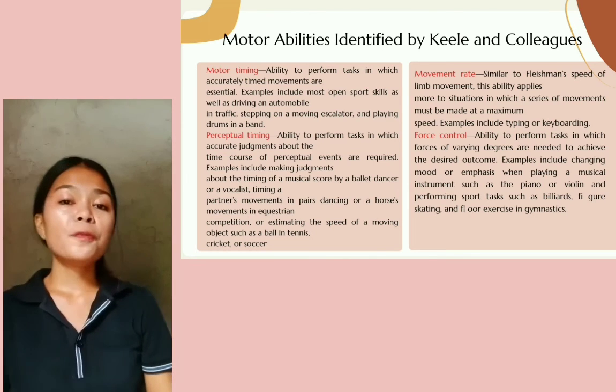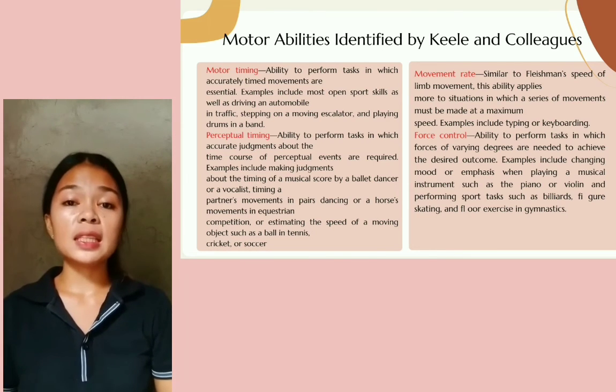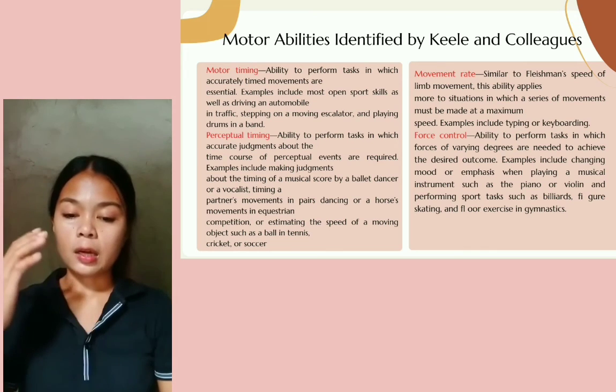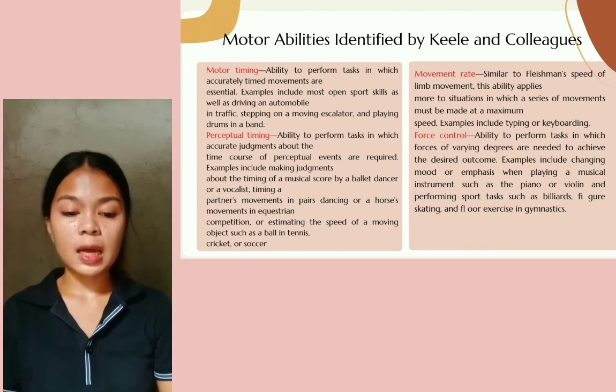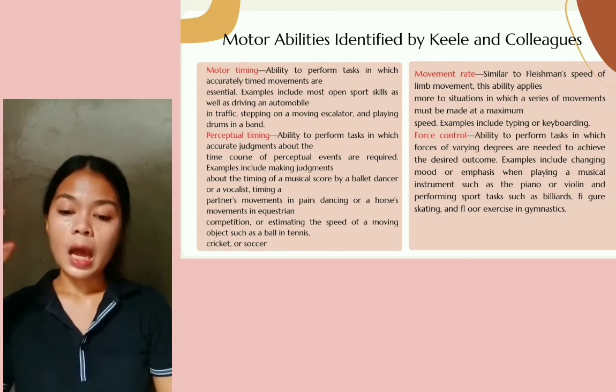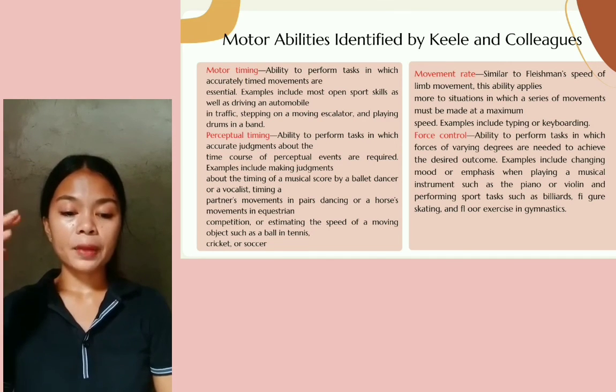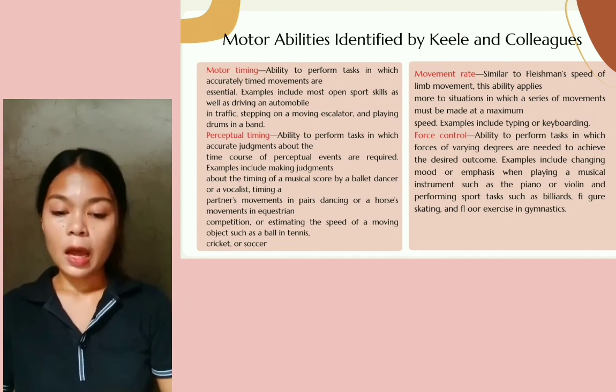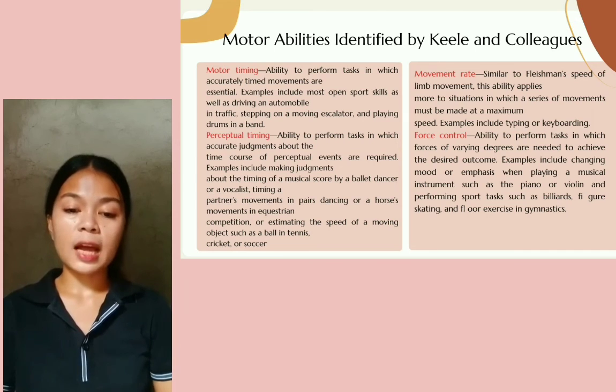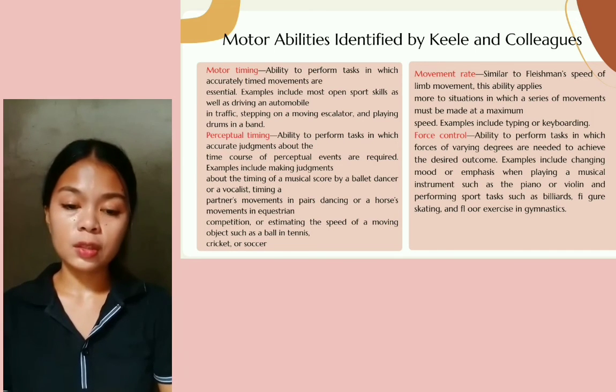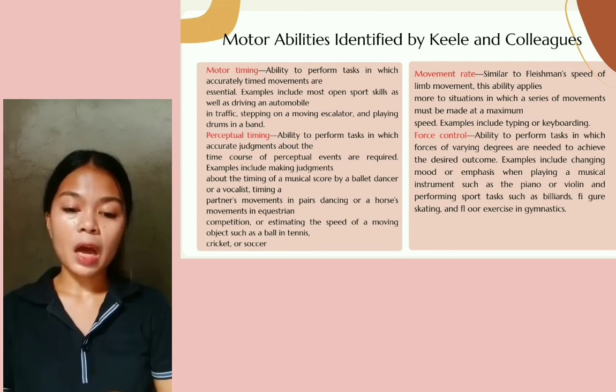So, movement rate is about a series of movements, the sequence of motions. We have an example, which is the physical body movement: flexion, extension, abduction, adduction, supination, and the last is pronation.